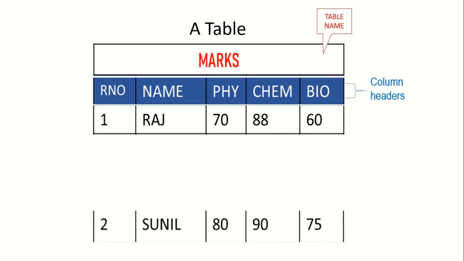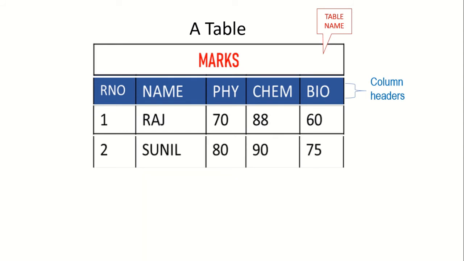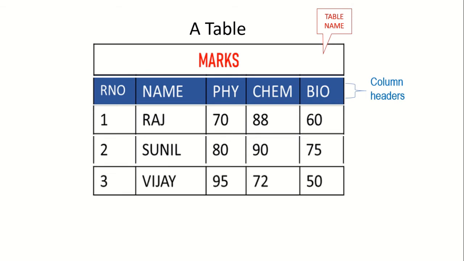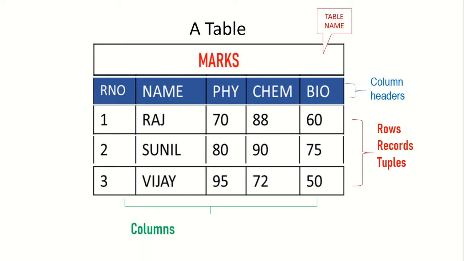We have rows. There can be n number of rows. Thousands and lakhs of records will be stored here. We call them rows, records. Sometimes we also call them tuples. It has columns such as roll number, name, etc. We sometimes call them fields and attributes.